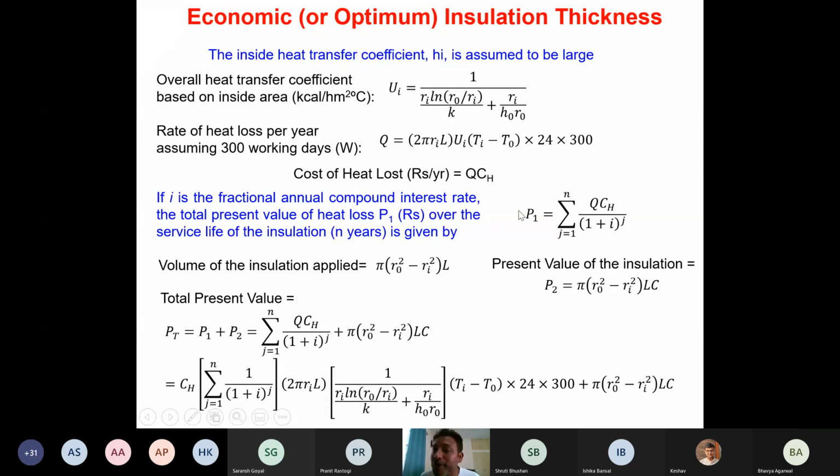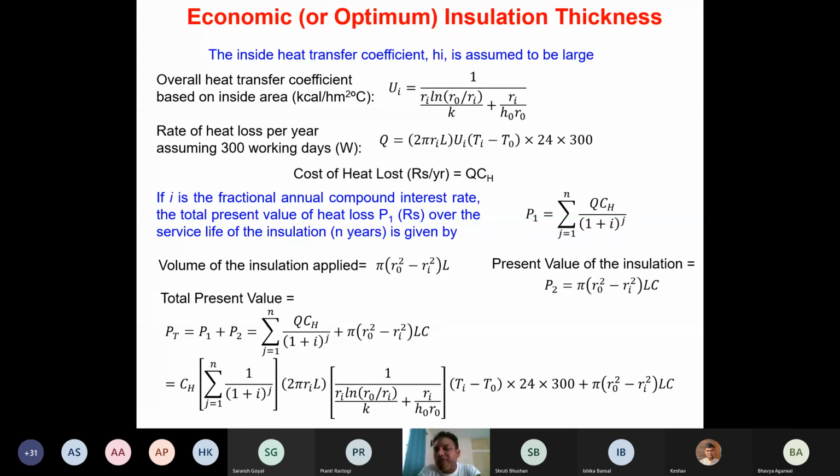So P1 is going to be the total net present value over the n years. This is the present value based on the amount of heat lost.